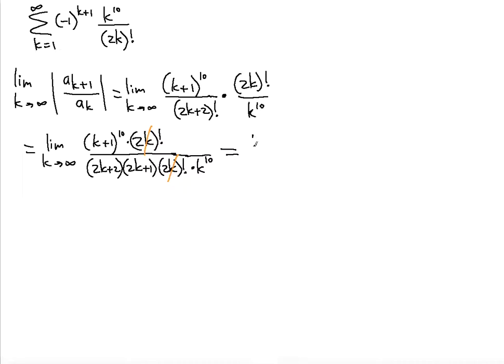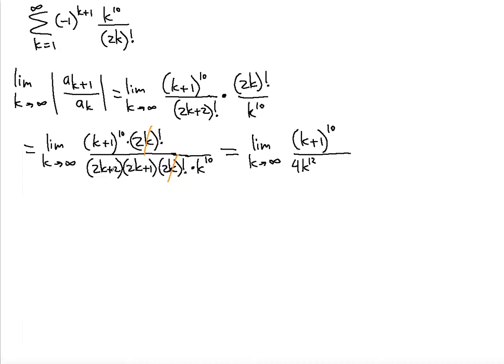So now let's see what we're going to do. We're going to get k plus 1 to the 10th over, and we're going to have to multiply everything out: 4k squared times k to the 10th, so 4k to the 12th, plus 4k.